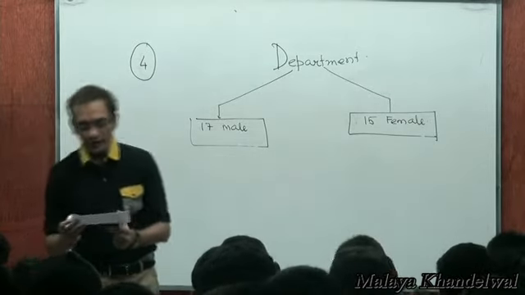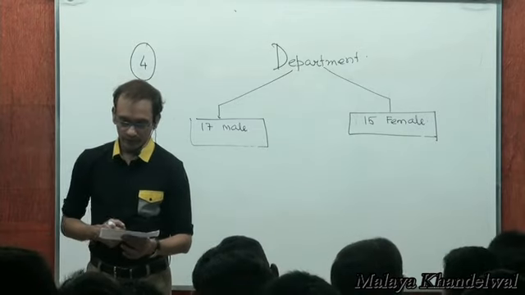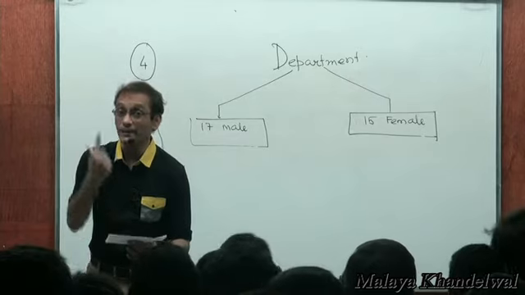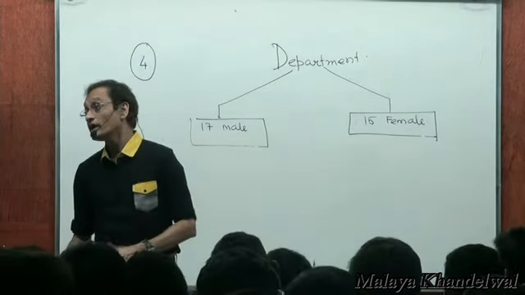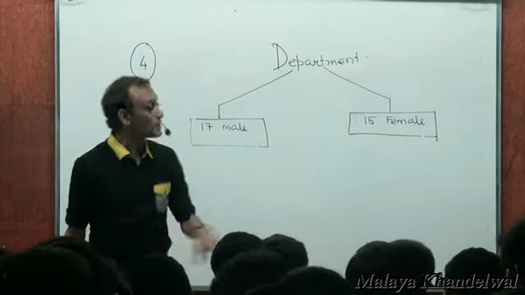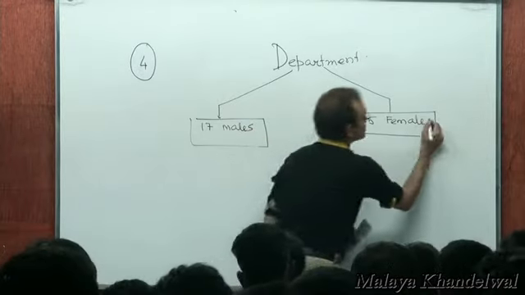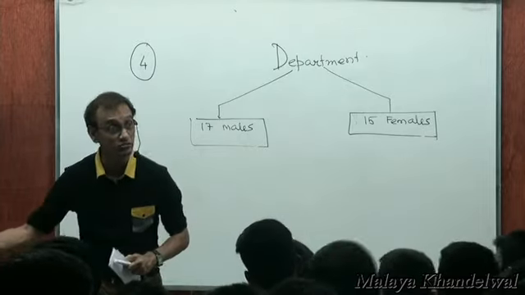In how many ways can an employee, that means one employee, be chosen for an annual general meeting? So from this department we need one representative. From this department that contains 17 males and 15 females, we need one representative for the AGM, annual general meeting.